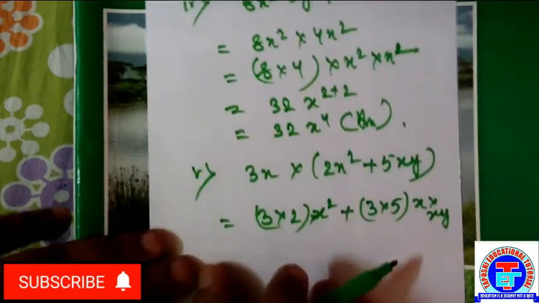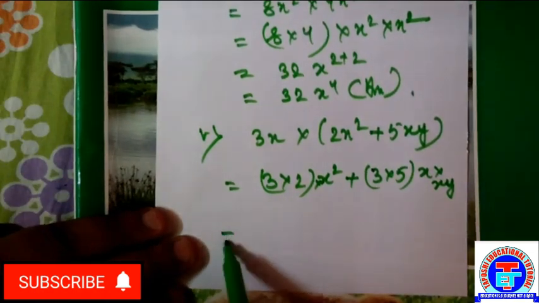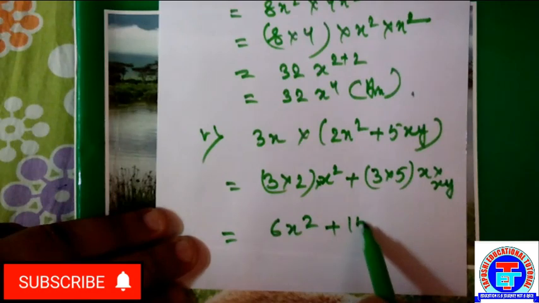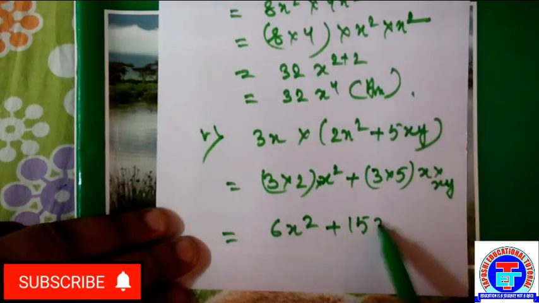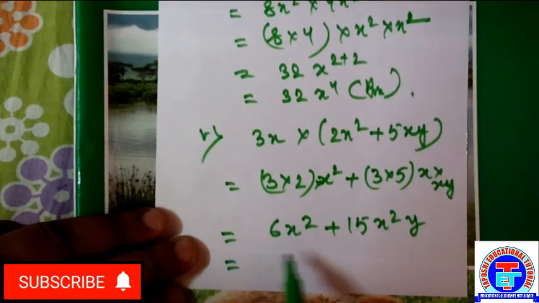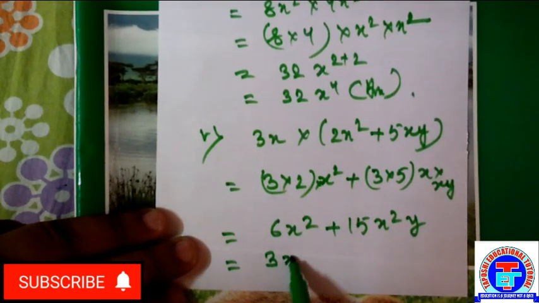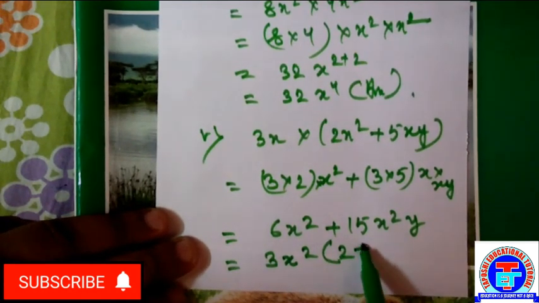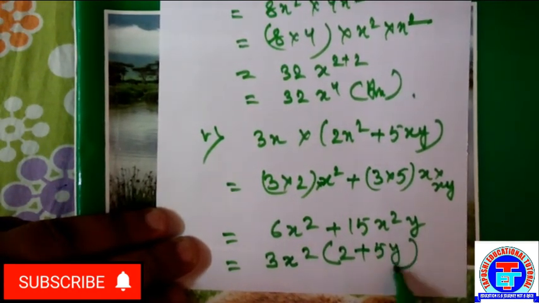So here we write this one: 6x cube plus 15x square y. So it will become, we take the 3 common in both terms, 3x square, then it will become 2x plus 5y, right?